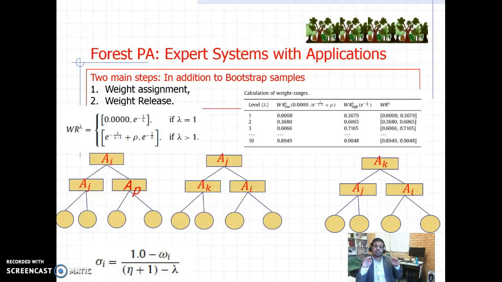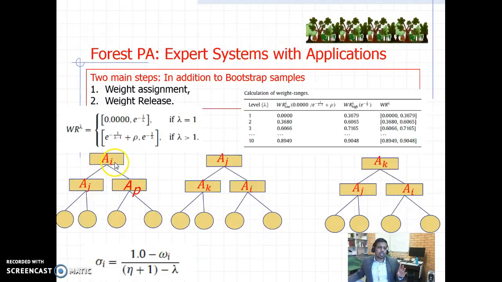Originally, before you build the first tree, we assign the weight 1. 1 is the maximum weight and 0 is the minimum weight, right? So we assign weight 1 to all attributes, all columns of the dataset, and thereby we build the first tree. So it is fair game for all attributes.